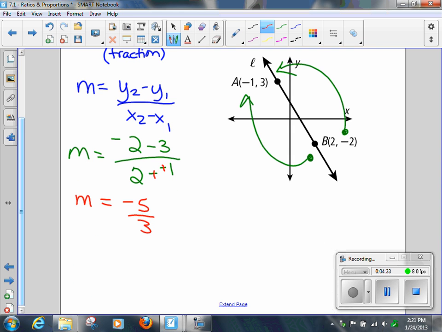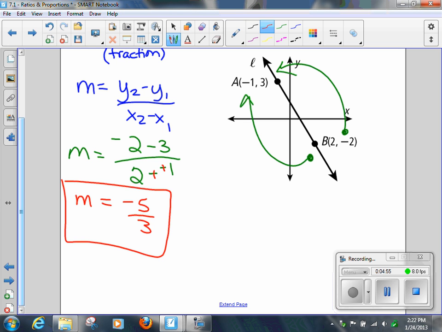Do we have a fraction? Yes. That's exactly what it's asking for. Slope is already in the form of a ratio. And the formal definition of slope is the ratio of the difference of y's divided by the difference of x's. That's the answer. M is equal to negative 5 over 3.